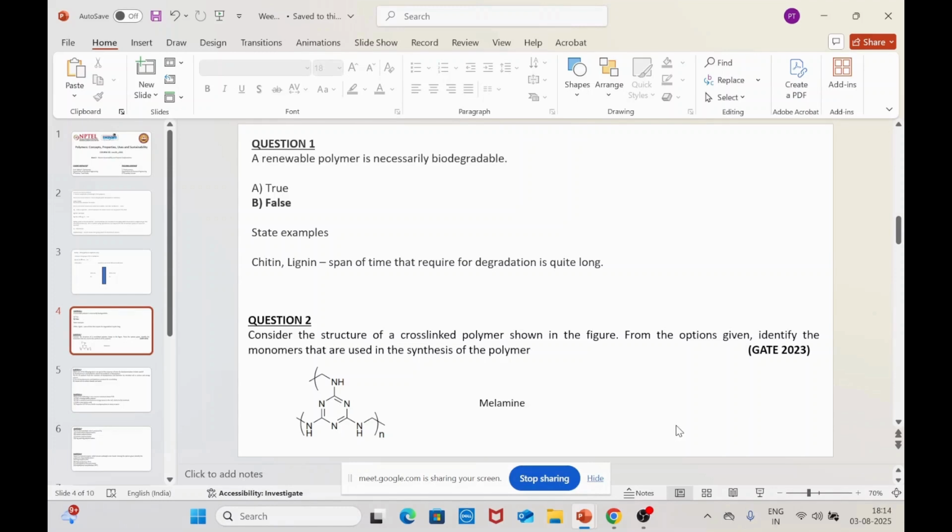What else do we have to add to this to make the polymer that you see in this figure in question 2? Okay, I'll give one more clue. It will be condensation polymerization.